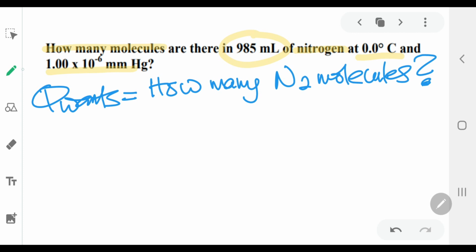If you still remember the Ma-Mo-Vono tree, to find the number of particles, you need to find out what is the number of mole.